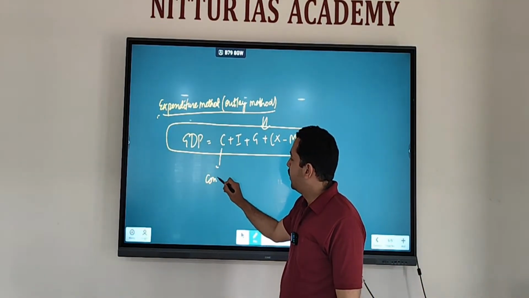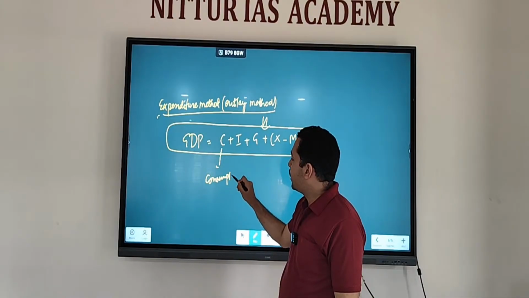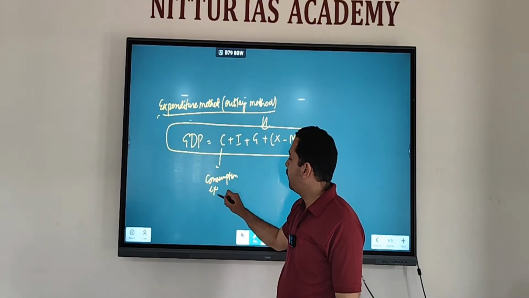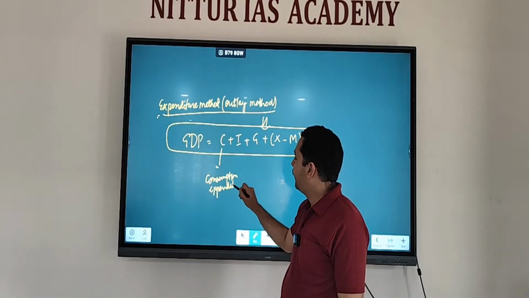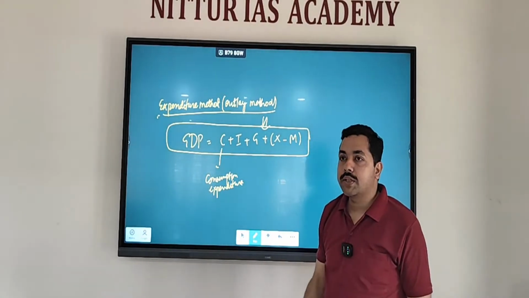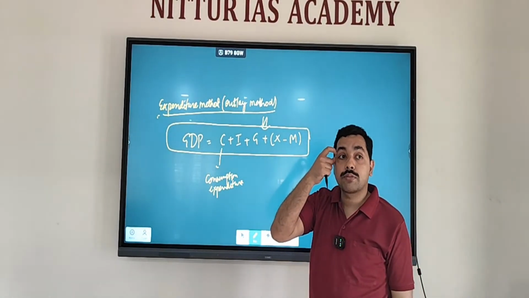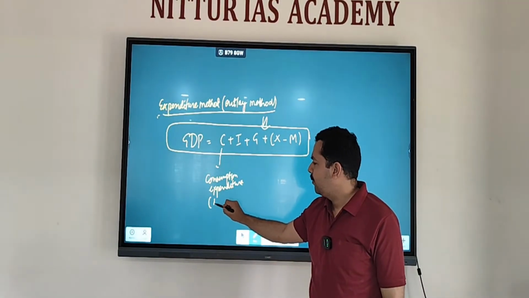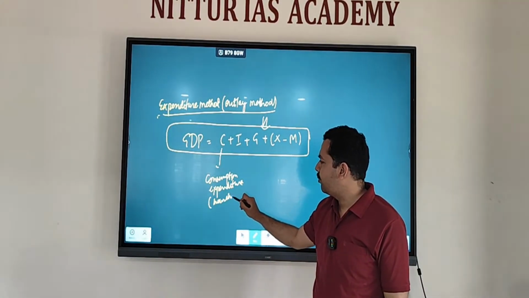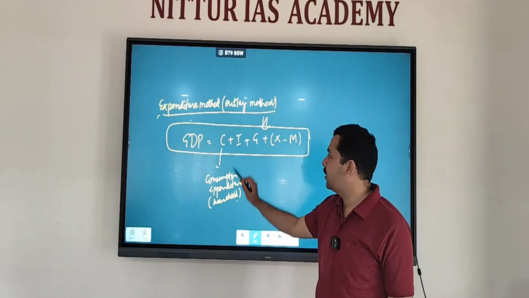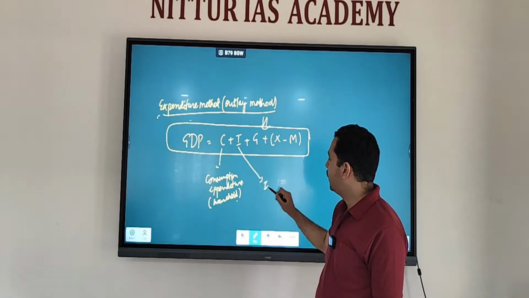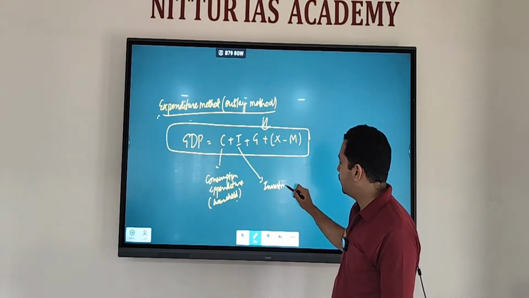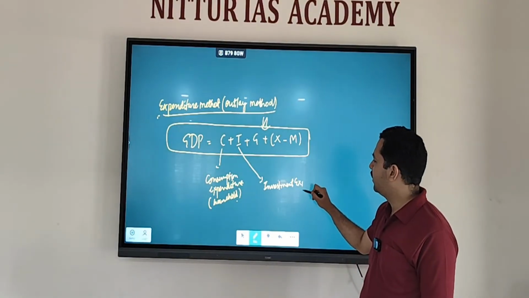C stands for consumption expenditure. By whom? By the households, the people, how much they are spending money. I stands for investment expenditure. Generally, who invests money?